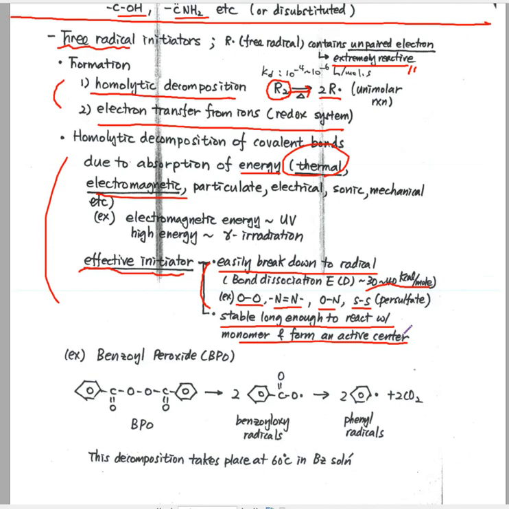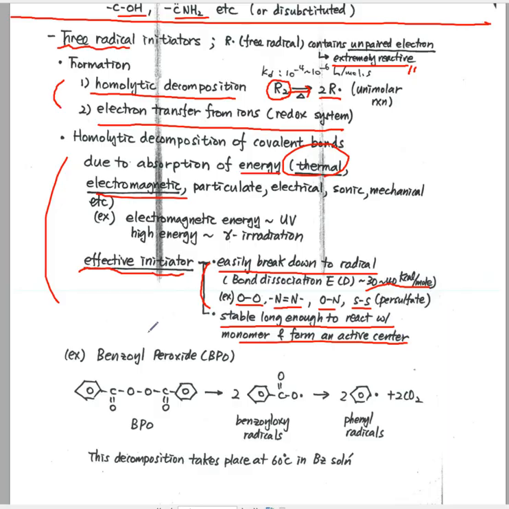It's a possibility. But what we want is to use the radical to make polymers, right? To do that, we need to generate reactive radicals, but they should be maintained for at least a certain amount of time to proceed with the remaining polymerization steps, right?